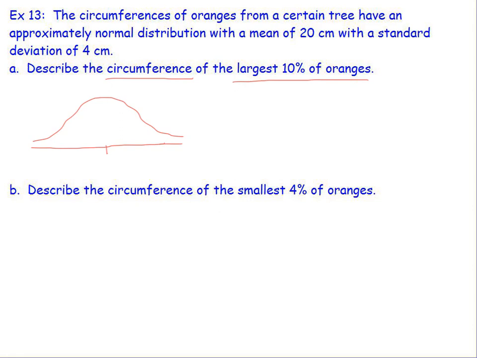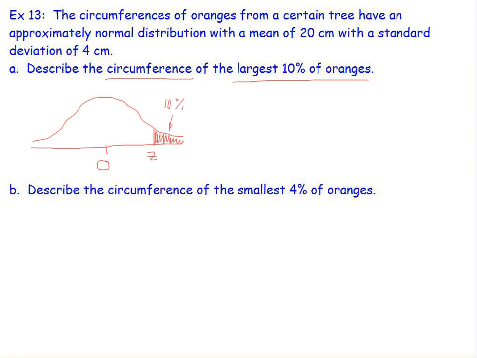So we normally think of having 0 in the middle. So 10% is not a lot. So somewhere over here, I'm just going to make a mark. That's going to be the z-score that I'm eventually trying to find. And the largest 10% would be shading over here to the right, as far as I can go. Well, so let's make some notes. This is 10%.